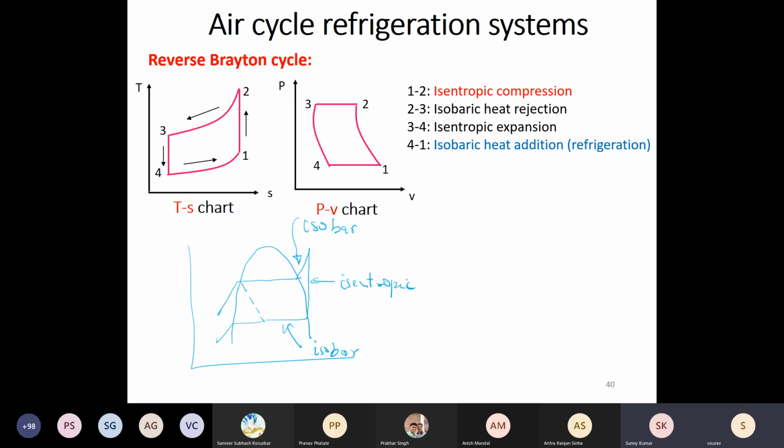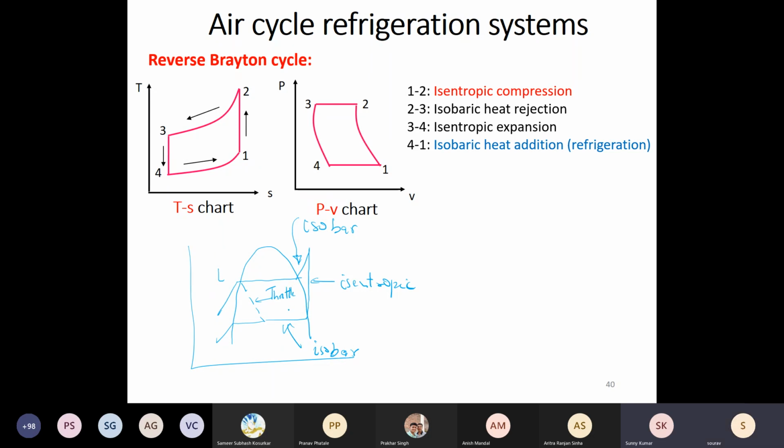And this was supposed to be isentropic, but we made it isenthalpic, since this isentropic expansion is occurring very close to the liquid region, so the amount of work output that I will get over here would be a very small fraction of the work input. So we actually modified it from isentropic to isenthalpic by replacing that isentropic expansion device with an isenthalpic expansion device, which is nothing but a throttle.